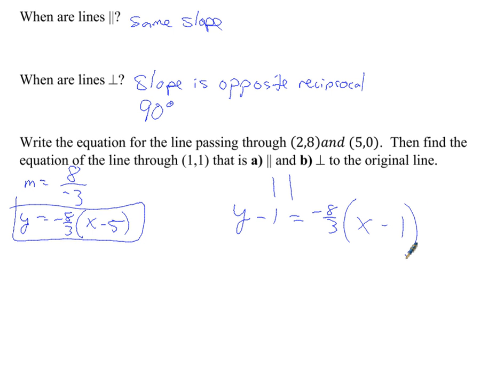Done. For perpendicular, done. Way easier than any of the stuff you ever did in Algebra 1 and Algebra 2. It doesn't specifically say, so we can write our answer like that. Don't waste your time with all the other stuff.